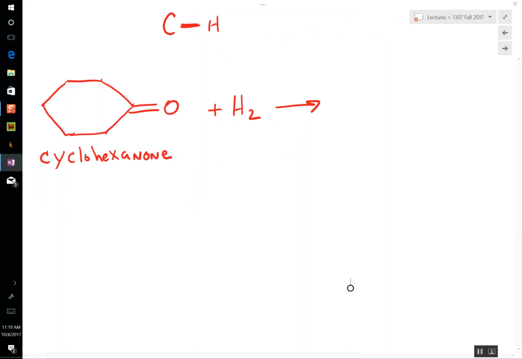Okay, when you add hydrogen, one goes on the oxygen and one goes on the carbon that held that oxygen. That's where those hydrogens go.